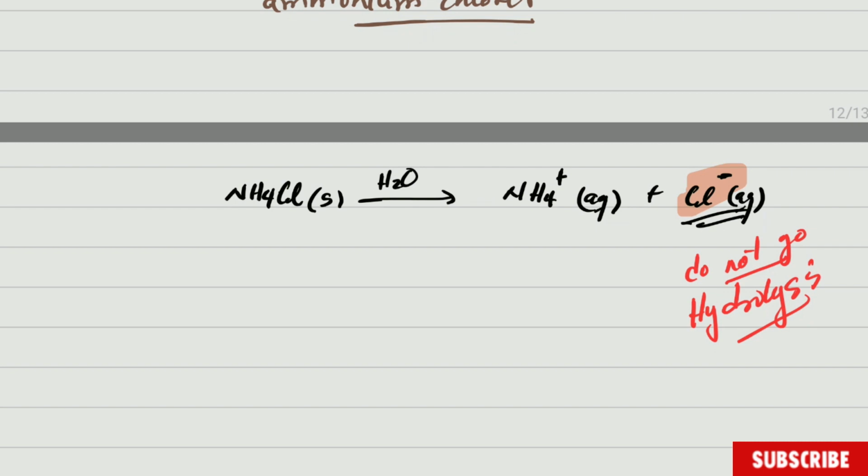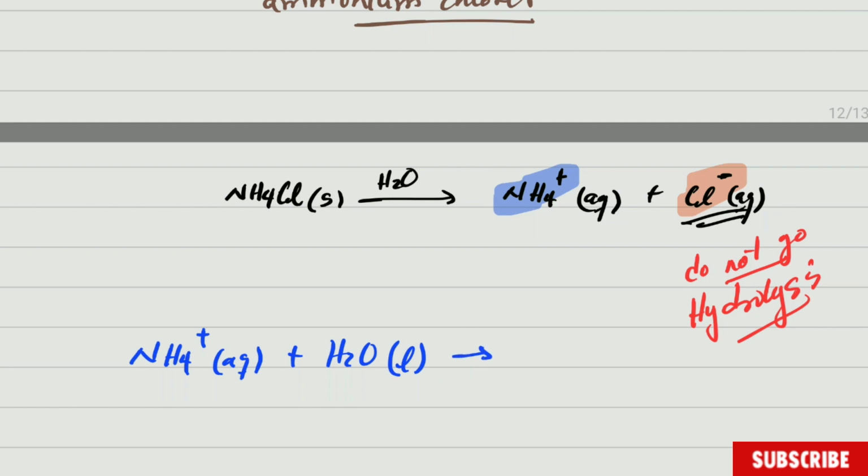But this NH4 is going to react with water further. So it's going to be NH4 plus water, H2O. Guys, let's keep the states quickly. We're almost done. Plus H2O liquid. All right, and now this one is going to react with water.